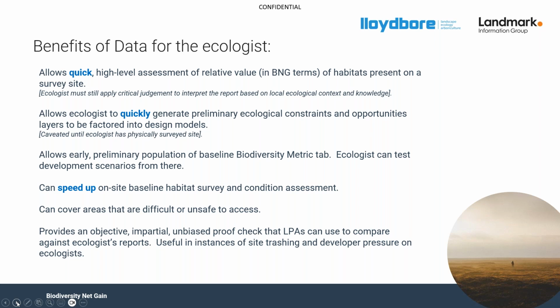There might be other safety concerns. Where that risk is significant, we can't send ecologists into those environments. So we really do need ways of getting more powerful data quicker over those areas that we can't physically inspect. Yes, further down the line we can do things like drone flyovers, but again, that's much more involved, and we're looking for a quick answer up front.